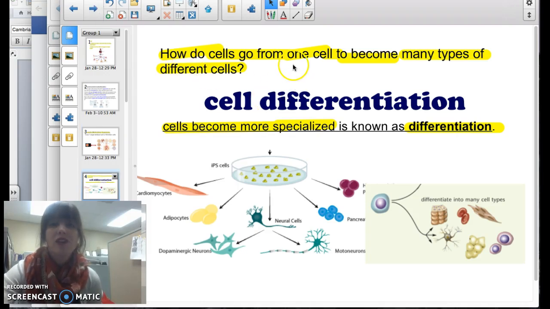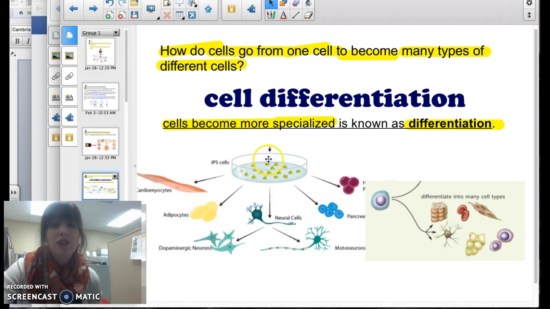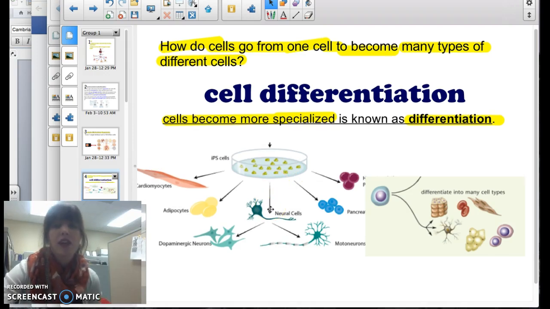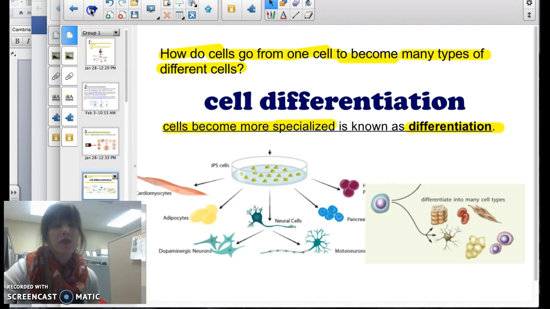So how do these cells go from one cell and become many different types of cells? This is a process called cell differentiation. Cells become more specialized, and this is known as differentiation. Certain cells will grow and divide and become pancreas cells. Some of them will grow and divide and differentiate into neural cells, and so on and so forth.